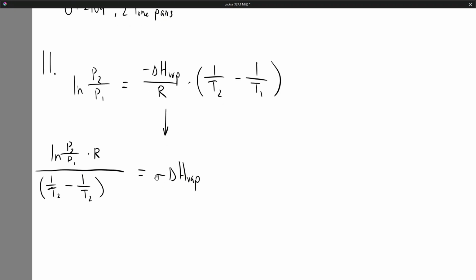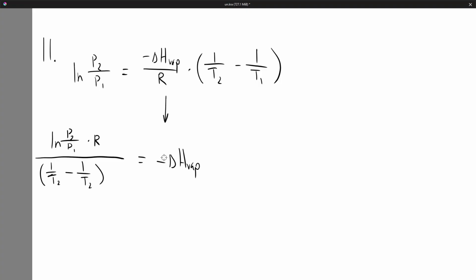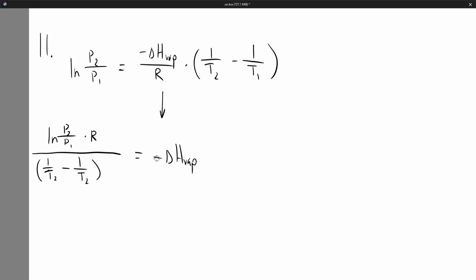We want to get rid of the negative, so just divide both sides by -1, basically. Since if you think about it, it's -1 times the heat of vaporization. We divide both sides by -1. Either way, it'll get rid of this negative and bring it over to this side.